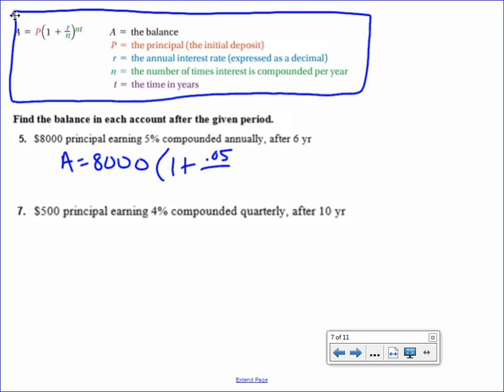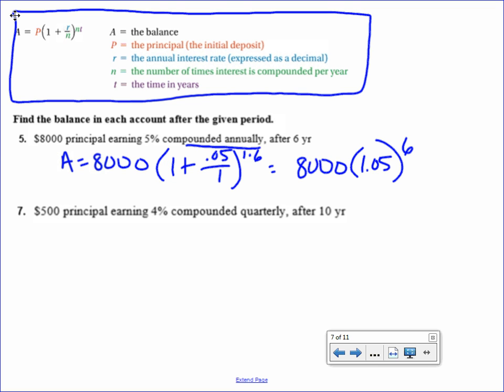If it's compounded annually, that means it's done once every year, for 6 years. So we would technically have a 1 times 6, but that's really just 6. So really what I have is 8,000 times 1.05 to the 6th power.